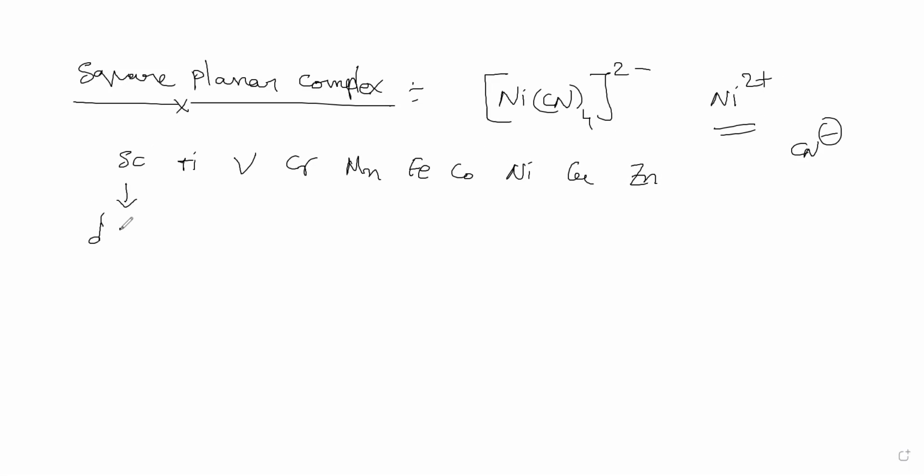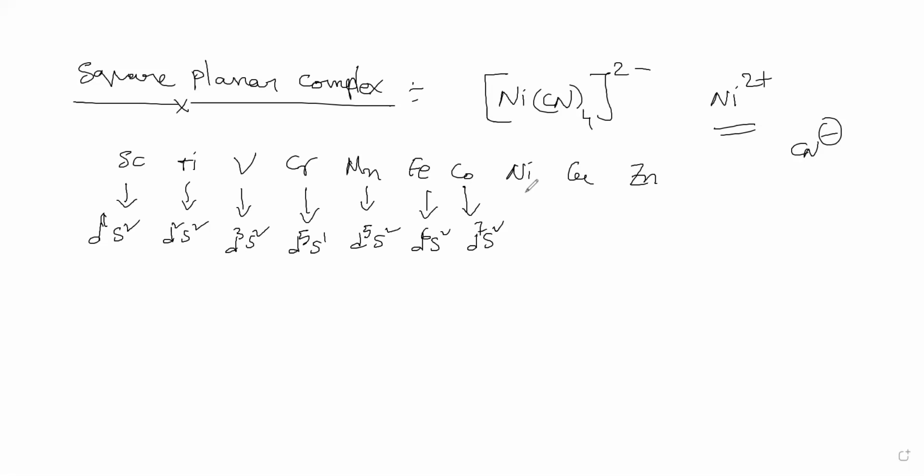So this is like 3d1 4s2, titanium d2s2, vanadium d3s2, chromium when it comes, it's not d4s2, d5s1 you will get, manganese d5s2, iron d6s2, cobalt d7s2, nickel you have d8s2, and copper when it comes, that is d10s1 you will get, and zinc d10s2.